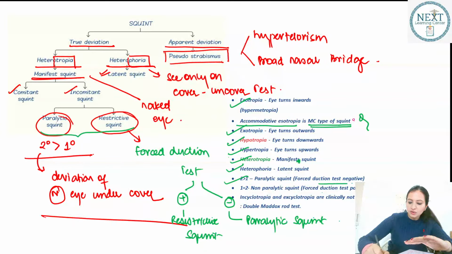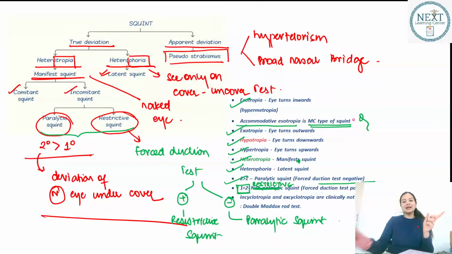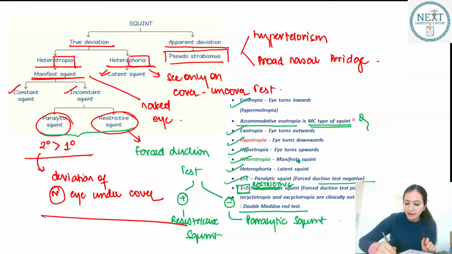Forced duction test is going to be negative, and primary is equal to secondary deviation in cases of restrictive squint, in which you have forced duction test positive. In incyclotropia, the superior 12 o'clock pole of the eye has moved inwards, and excyclotropia means outwards. These are to be done on double Maddox rod test.